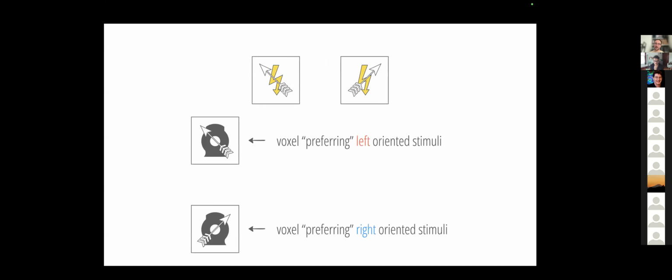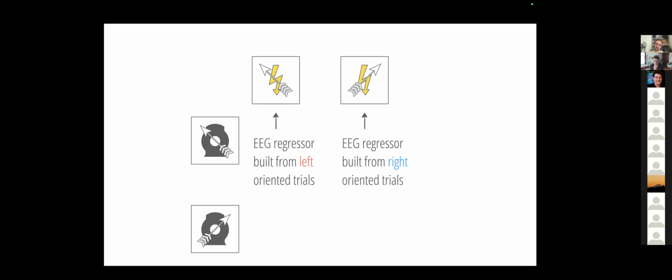This gives us kind of a grid. We build our EEG regressors from left-oriented trials, and we combine them with either of those voxel preferences. So we have voxels preferring the left-oriented stimuli or voxels preferring the right-oriented stimuli, and those two EEG orientations built from the trials of those orientations.